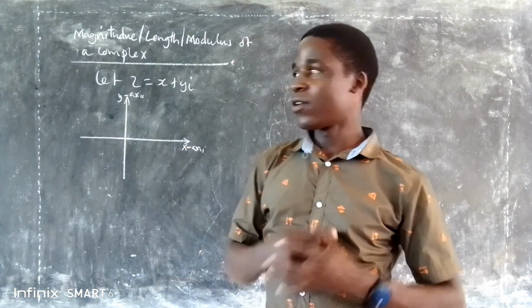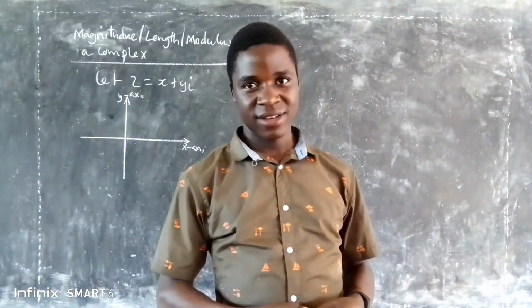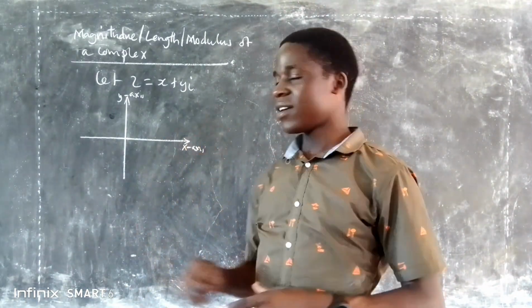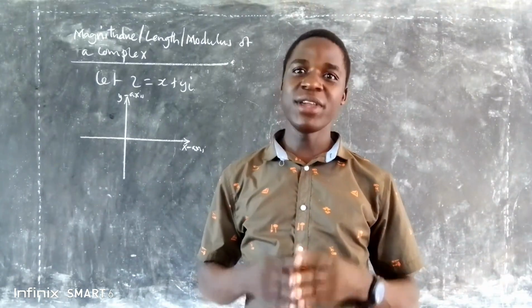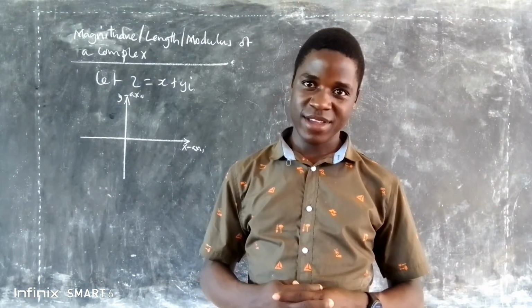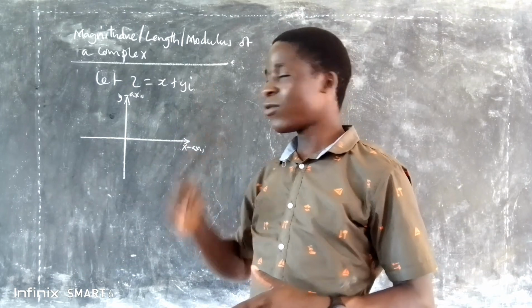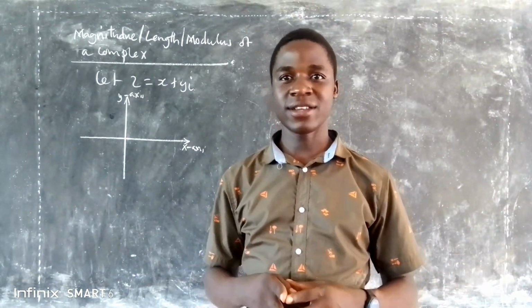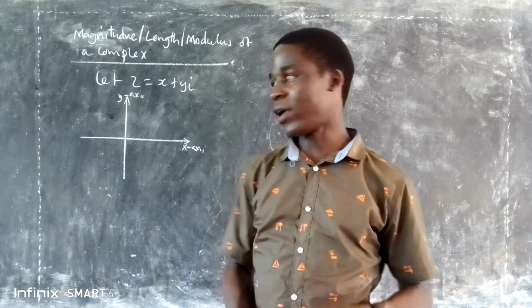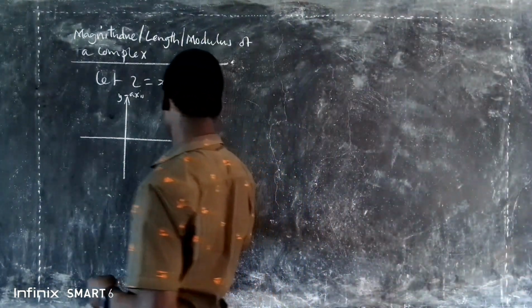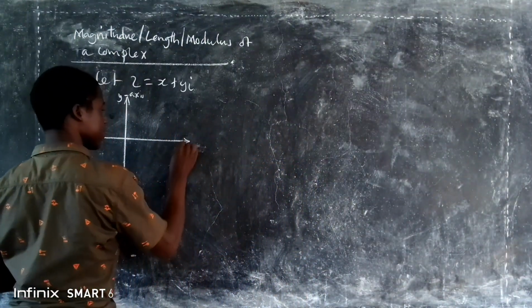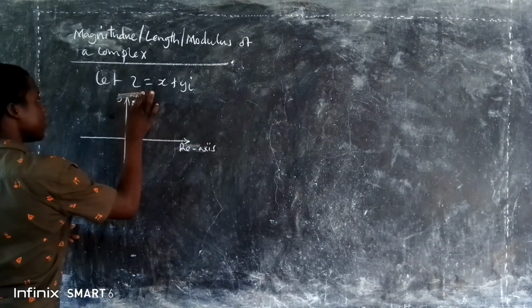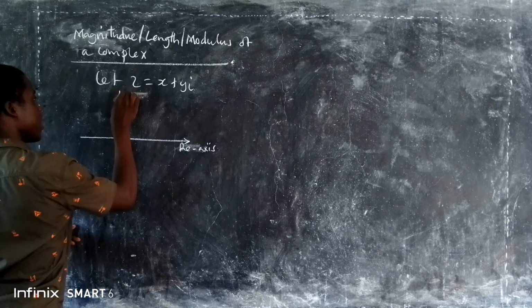Now, when we are in complex numbers, the x-axis will be our real axis, and the y-axis will become our imaginary axis. This is our real axis, and this is our imaginary axis.